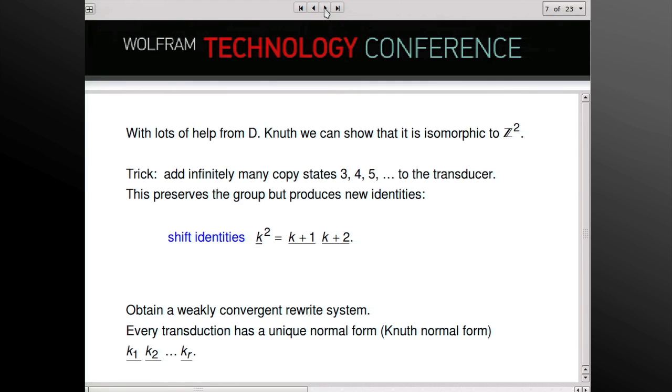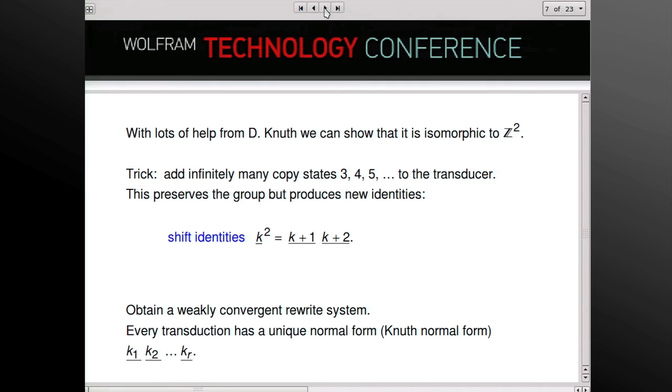I'm pushing this stuff down the tail there. And if you do this systematically, it turns out that you can rewrite any one of these transductions as a composition of the form map k1, map k2, and so forth up to map kr, where these are all distinct. So every one of the basic functions is used at most once.